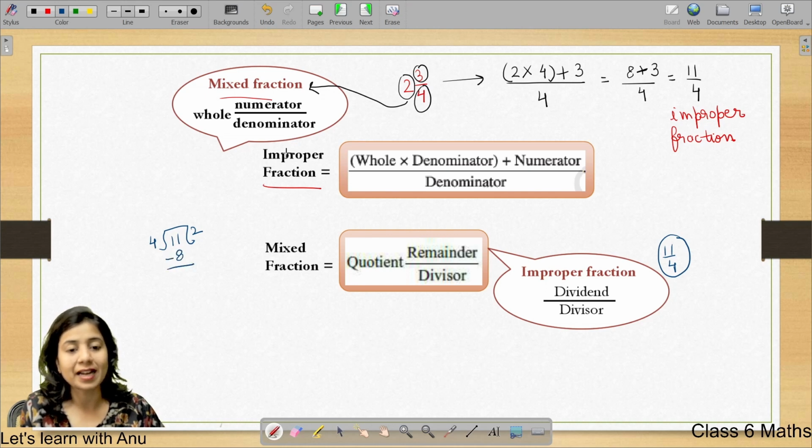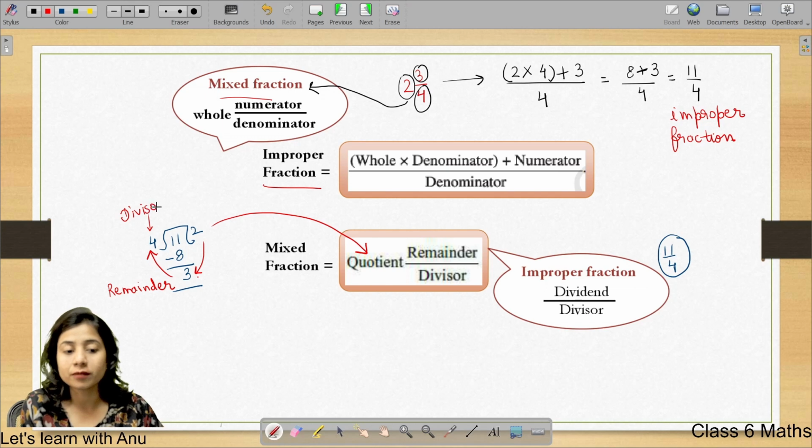When we subtract, what are we getting, class? 3 as the remainder. Now for writing it in the form of mixed fraction, we are going to go clockwise like this. So this is the quotient. Remainder is 3. This is remainder. And 4 is the divisor.